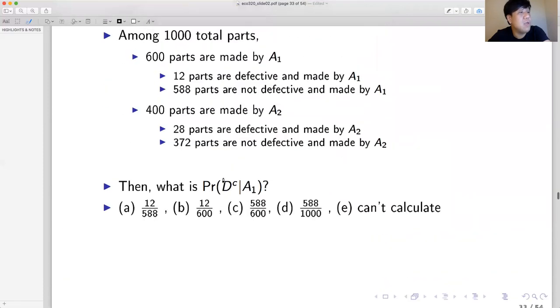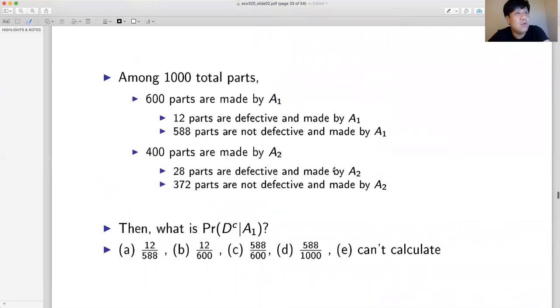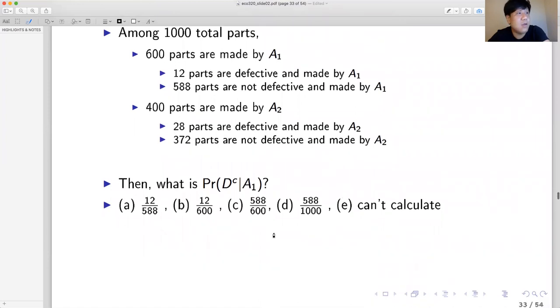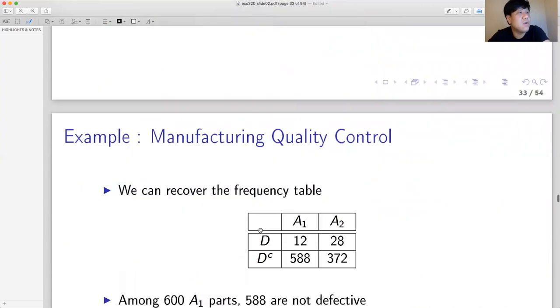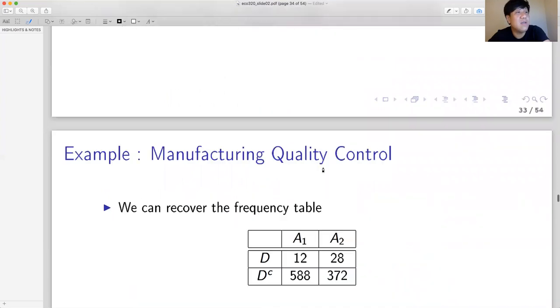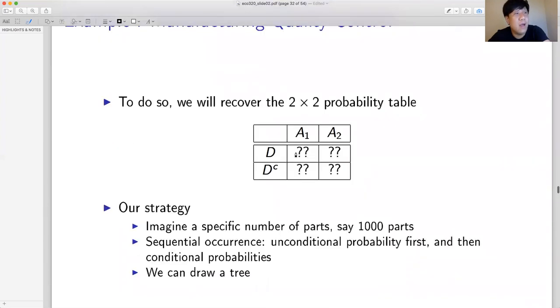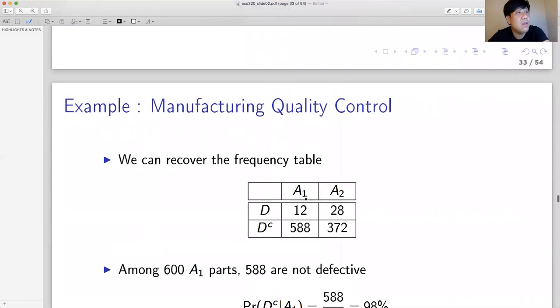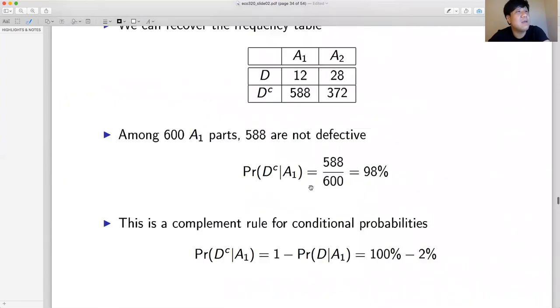So then how do we get this one? Probability of D and the complement of A1, you can get using the previous method I taught you, so that is 588 over 600. In the previous case, what I taught you was 1.2%, and this was 60%, so 1.2% plus something equals 60%, of course it's 58.8.